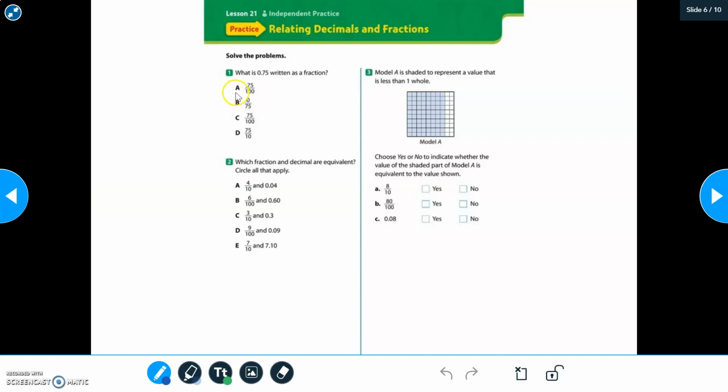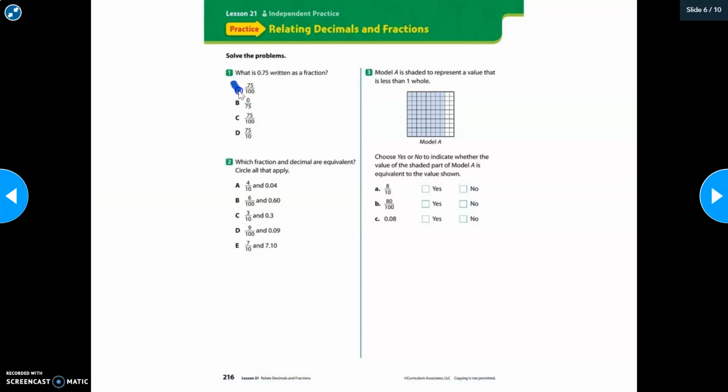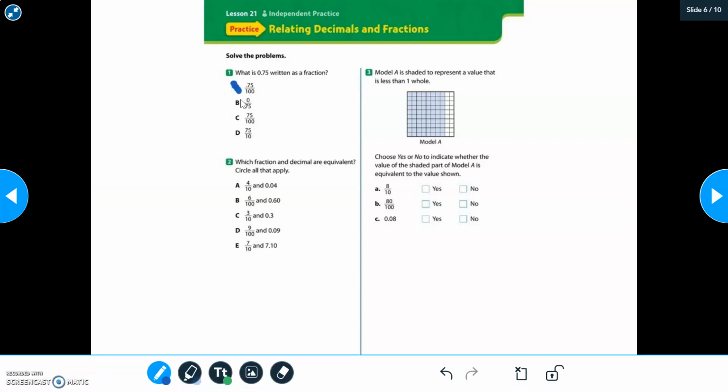So let's look at our answer choices. Let's look at A. It has 0.75, but then it has it over 100. No, we don't write fractions like that because guess what? Our fractions shouldn't include a decimal point. So let's just slash and trash it. We don't want A. Let's look at B. Does this represent 0.75?